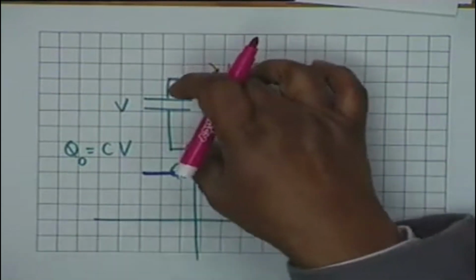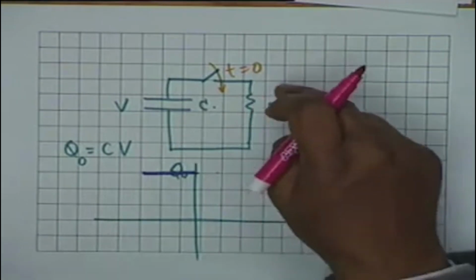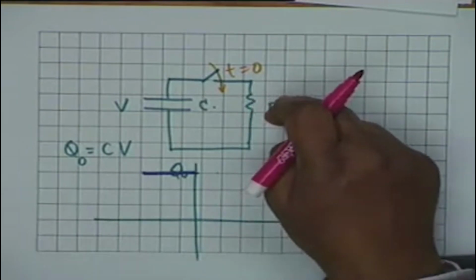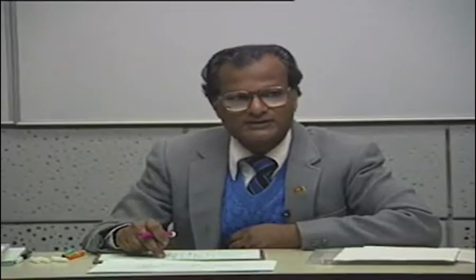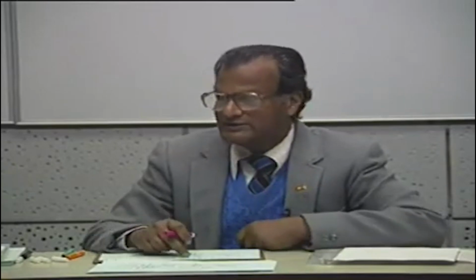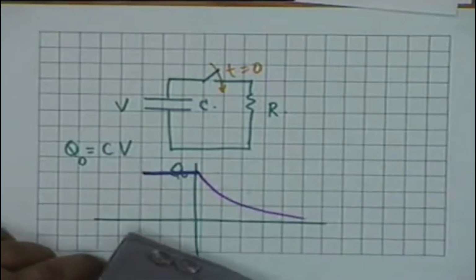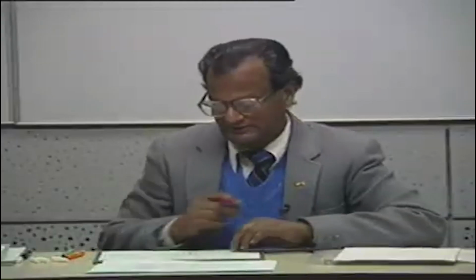If the voltage is V, then obviously the current through the capacitor shall be V by R. And you know, when current flows through a resistor, heat is generated. So the resistor consumes energy, and therefore the charge in the capacitor decreases. So does its voltage, and this decrease, as you shall see later, is exponential. The decay is exponential. Alright?